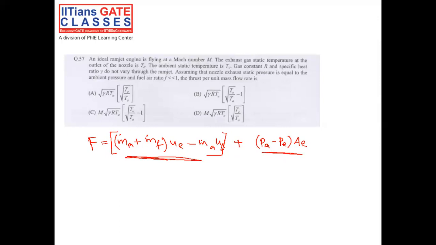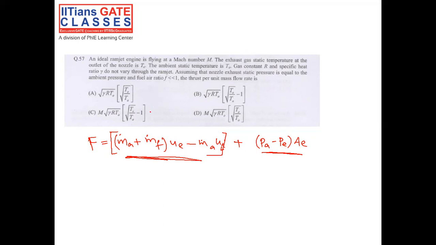Here ma dot is the mass flow rate of the air through the engine, and mf dot is the fuel flow rate, and ui is the inlet velocity of the gas in the engine, and ue is the exhaust velocity, pa is the atmospheric pressure, pe is the static pressure at the exit of the nozzle, Ae is the nozzle exit area.